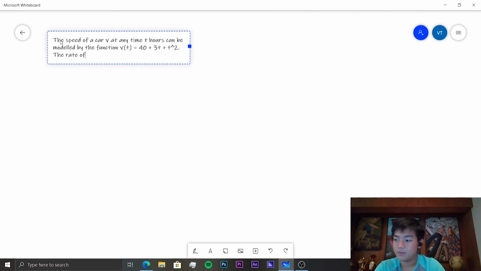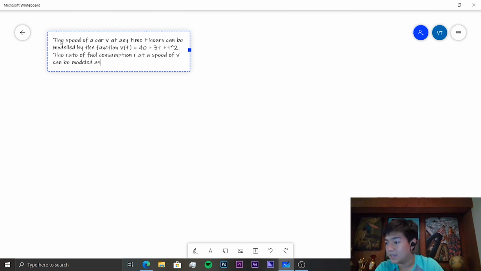The rate of fuel consumption r at a speed of v can be modeled as r of v is equal to v over 500 minus 0.1 squared plus 0.2.